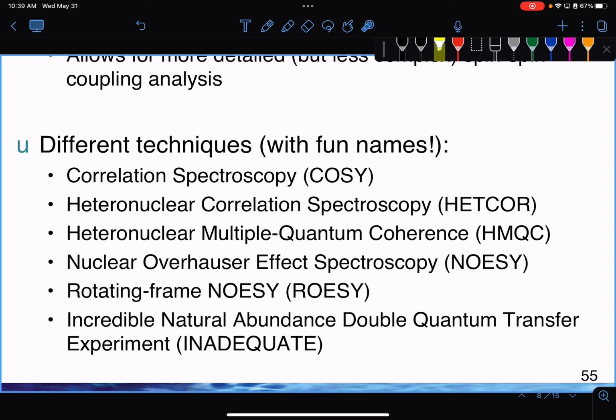We'll look at COSY and HMQC as examples. So these are the two examples we'll be looking at, right? Know what these names mean.